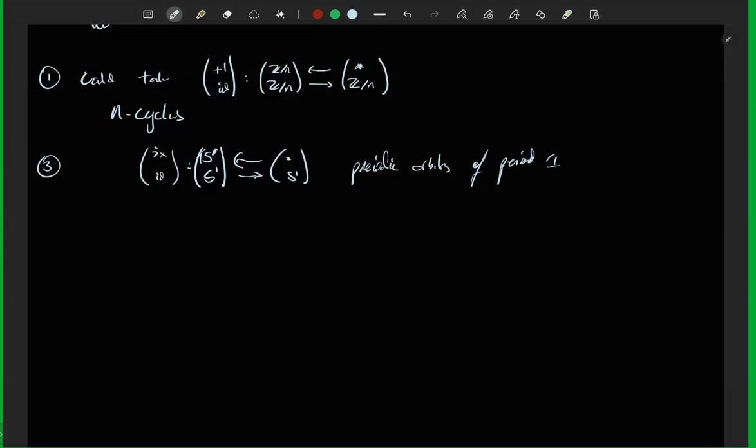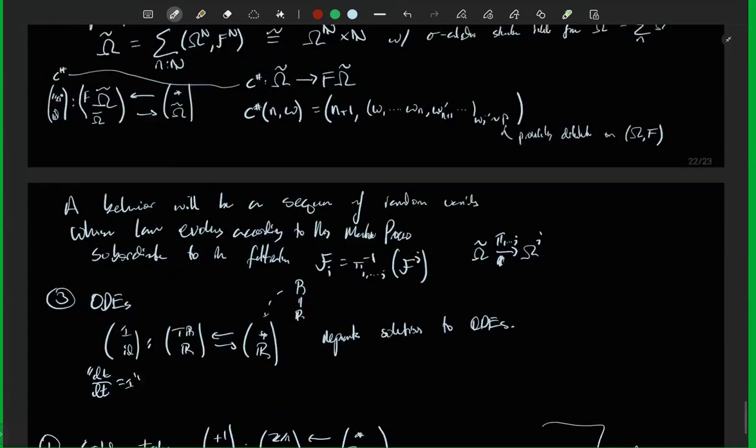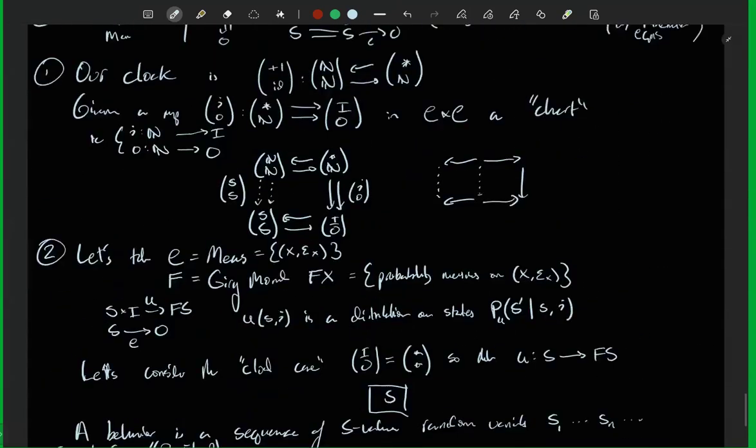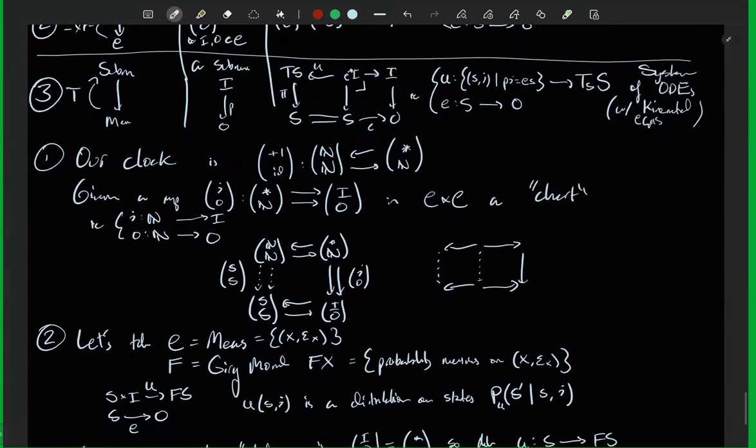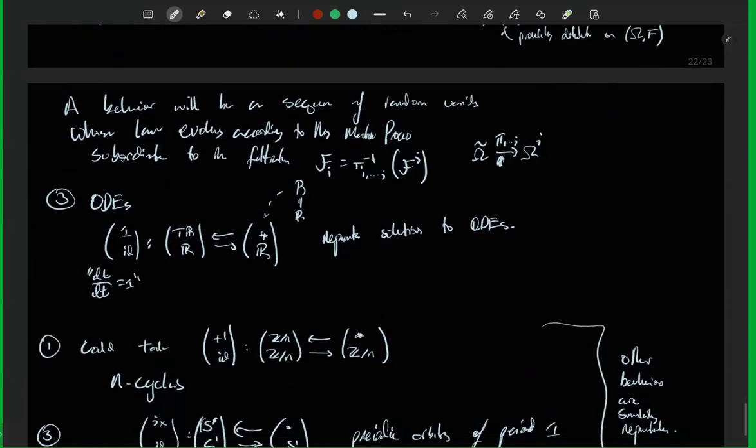So we can get other behaviors; my point here is that other behaviors are similarly representable. The main idea in all of these, though, is that you always have to choose what happens on the interface first, and then you choose how to solve it.